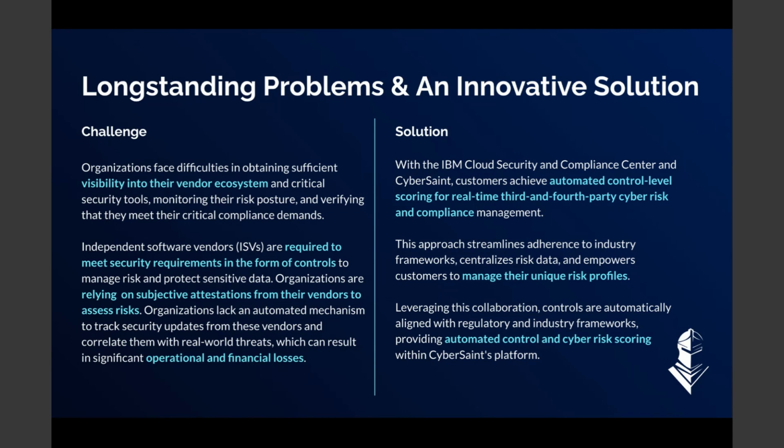So how does this solution actually work? With IBM SCC, the new offering, we actually have a framework in play that IBM created themselves with a partner. It's a financial sector profile. It's a well-known security control framework, SP 800-53.